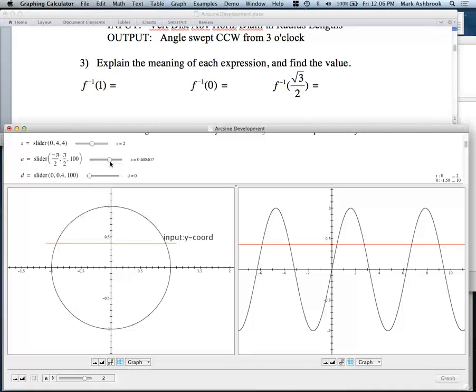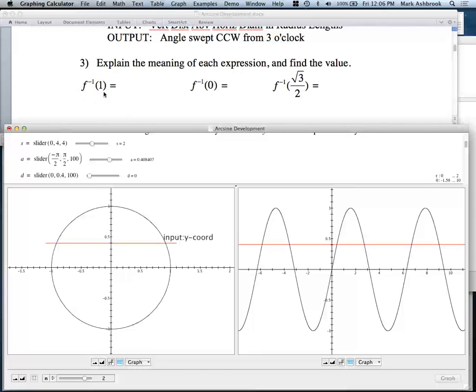Okay, ready? See how we did. What does the 1 mean? Nice and loud. Vertical distance in radius lengths, because that's the input of the reverse process. And keep going.